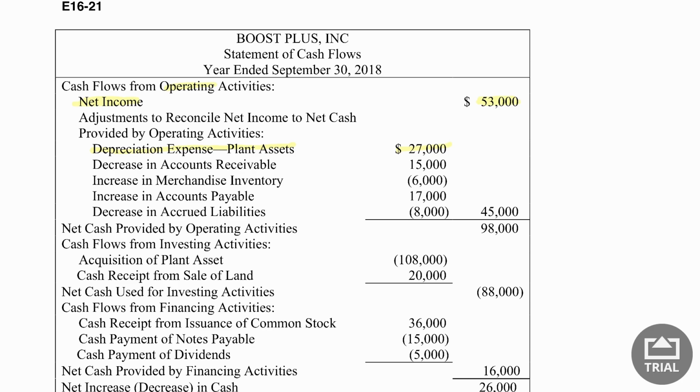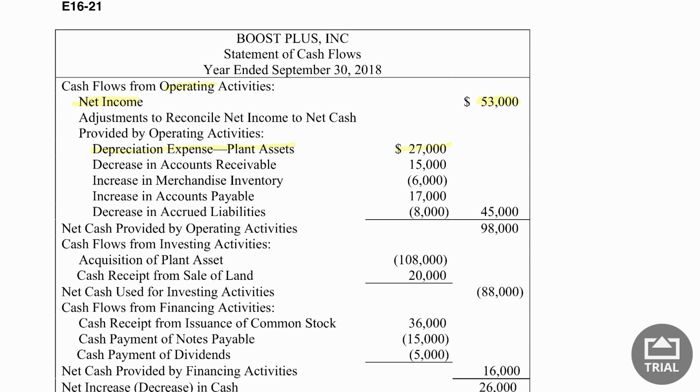Step number 2, I'm going to do any gains or losses on the sale of long-term assets. Since they gave me an income statement, the best place to look is to see if I see any gains or losses listed on the income statement. If I look, I do not.